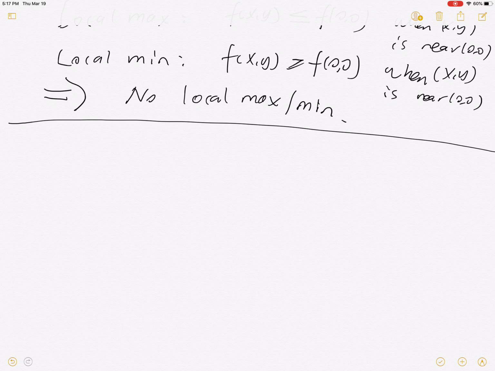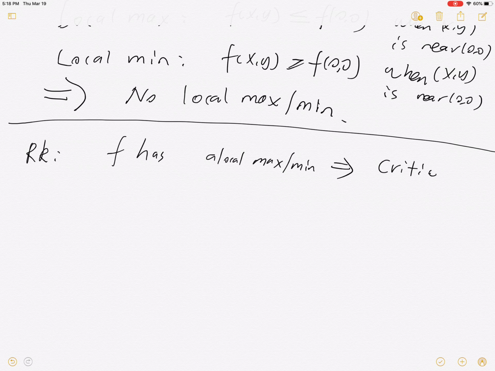So as I said before, if you look at the theorem carefully, the theorem only tells you a local minimum must be a critical point, but never tells you the inverse.